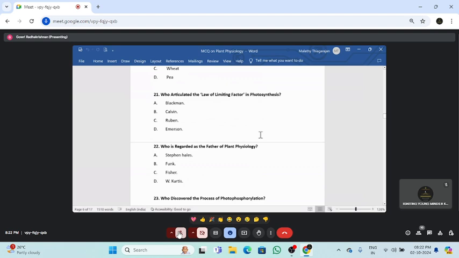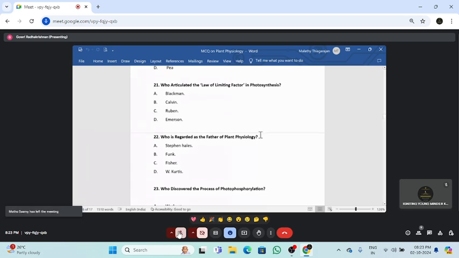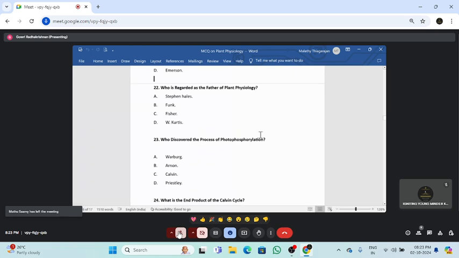Who articulated the law of limiting factors in photosynthesis? Option A, Blackman. Who is regarded as the father of plant physiology? Stephen Hales.